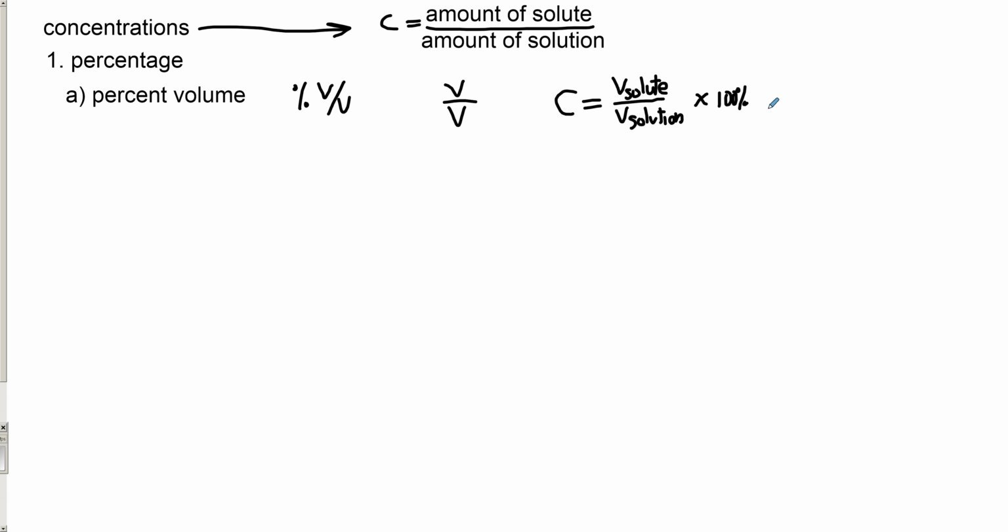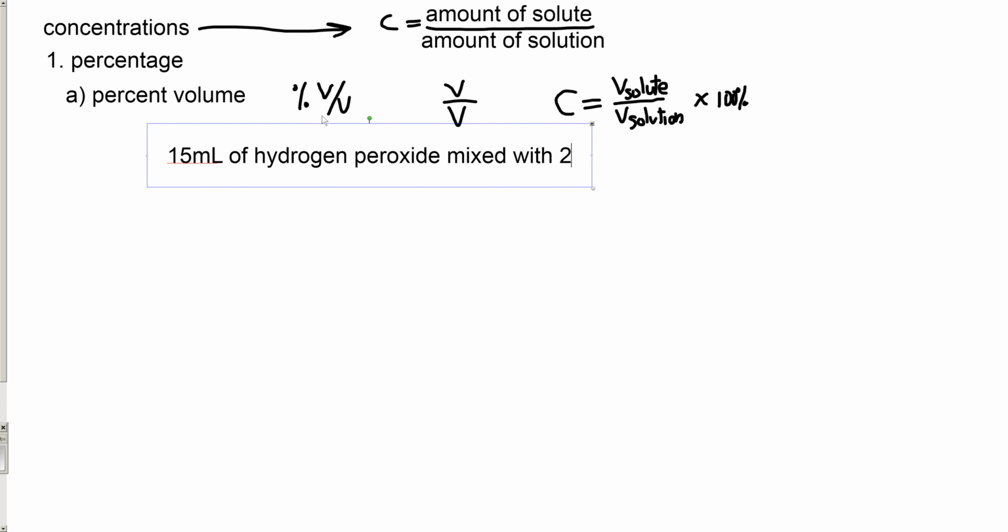So this is used when you have a liquid solute. A good example of a liquid solute would be something like hydrogen peroxide. So let's say we measure out 15 mL of hydrogen peroxide, and we mix that with 235 mL of water.